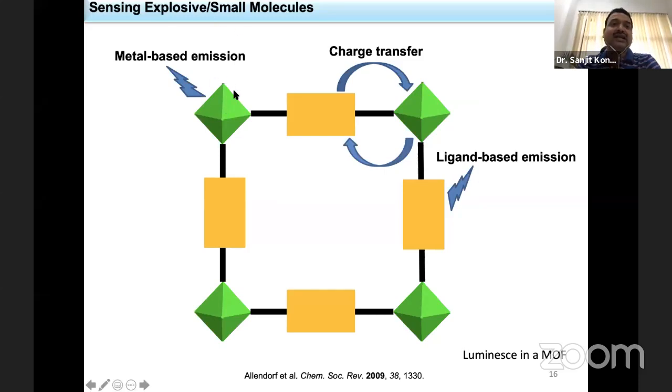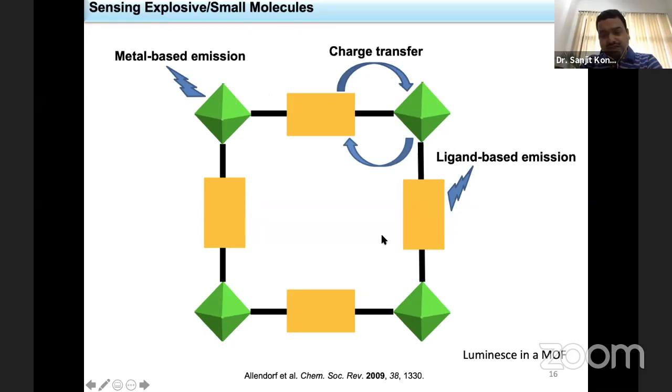Or your metal can emit some light, which we detect in UV-visible spectroscopy. Or if you have a conjugated organic moiety, that also can emit some light. So these are the possible reasons why you see color in any metal complex or metal organic framework. This is a single unit of a metal organic framework.